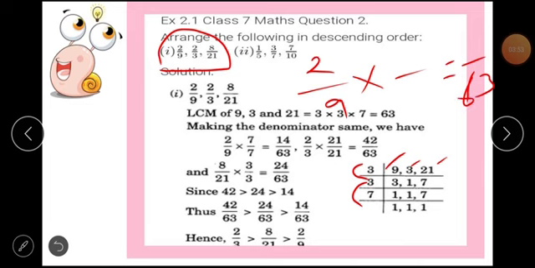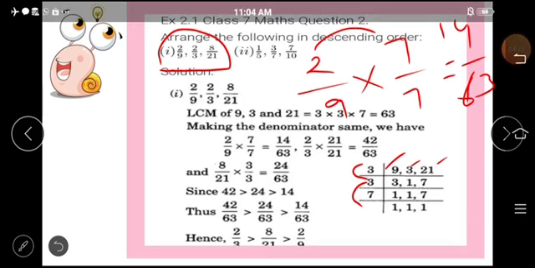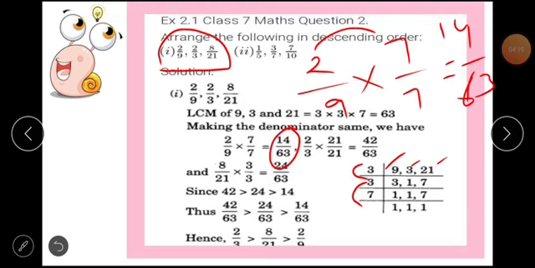Students, you know very well the table of 9. So 9 sevens are 63. So you will multiply and divide by 7. You will multiply this number by 7 and also divide by 7. So you will get the denominator 63. And 2 sevens are 14. So the first number will be 14 upon 63.